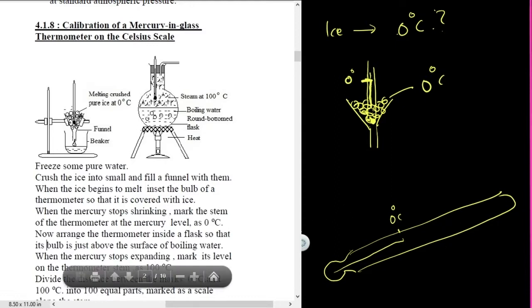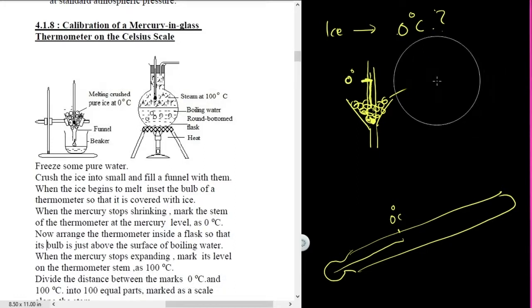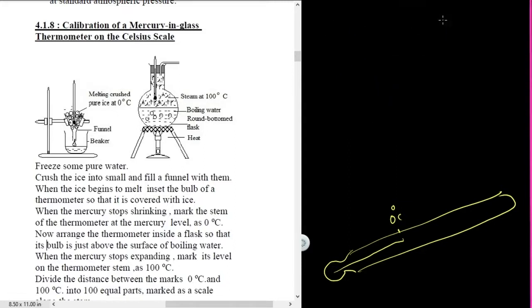Now arrange the thermometer inside a flask so that its bulb is just above the surface of boiling water. So now we already have the lower fixed point, 0 degrees Celsius. Remember, we need two points. Another point we need is 100 degrees Celsius. So how do we do that?